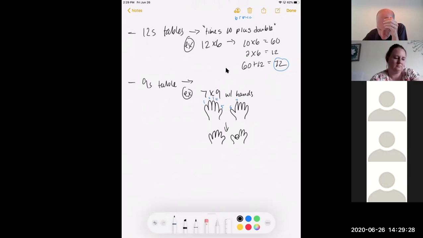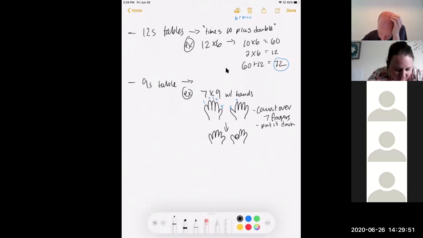Okay. So we count over 7 fingers and put it down.